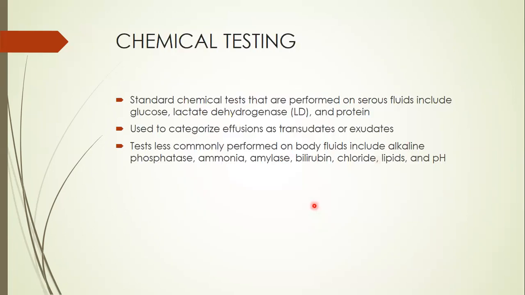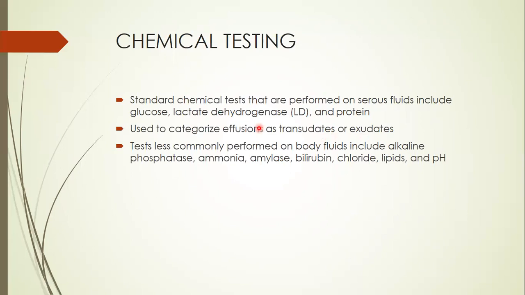So let's go now to chemical testing. The most commonly performed chemistry tests for serous fluids are glucose, lactate dehydrogenase, and protein, because these actually are used to categorize your fluid as a transudate or an exudate.